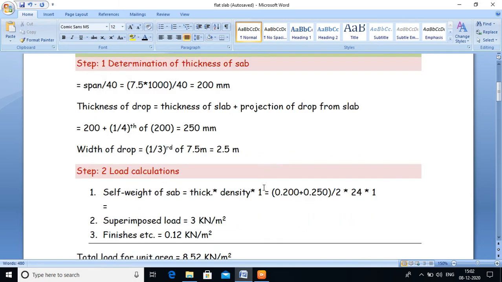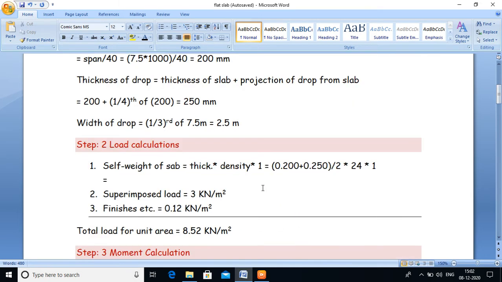Now step 2 is the load calculations. In load calculations, first of all we are going to find out the self weight of slab. Here there is a spelling mistake, I'll do that correction. How do we get the self weight of slab? Thickness into density, for unit area we are calculating the self weight.